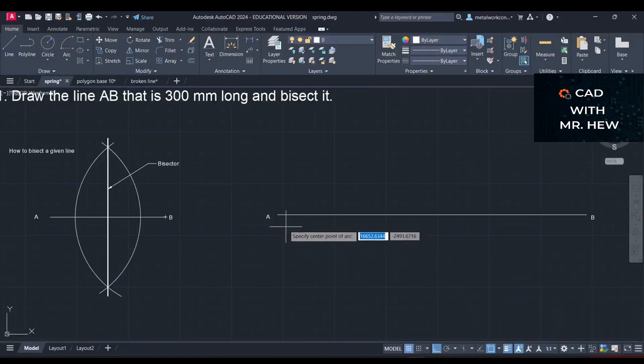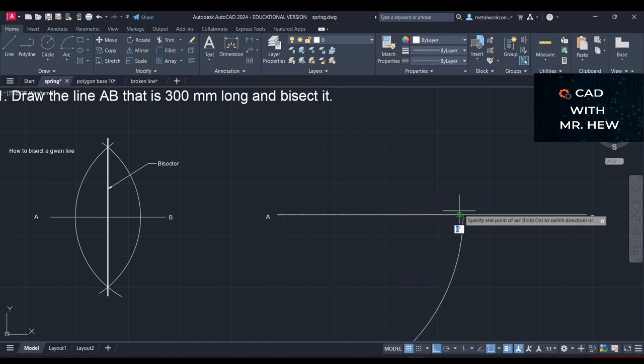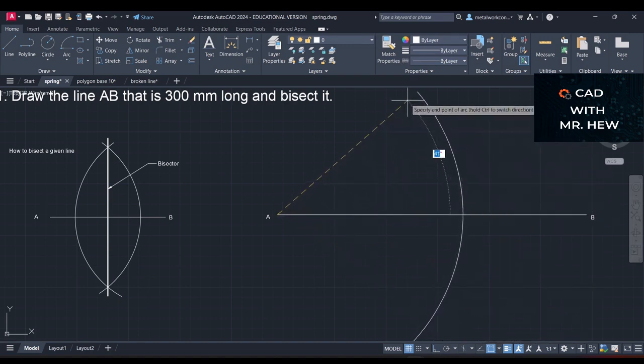What we're gonna do now is draw an arc with center A. You would put your compass at A, and use any radius greater than half the length of the line, and mark an arc going around. Now we're gonna do the same thing at B, using the same radius.